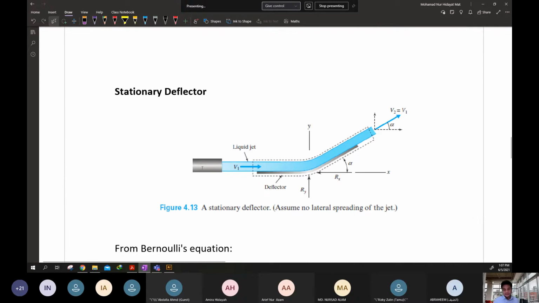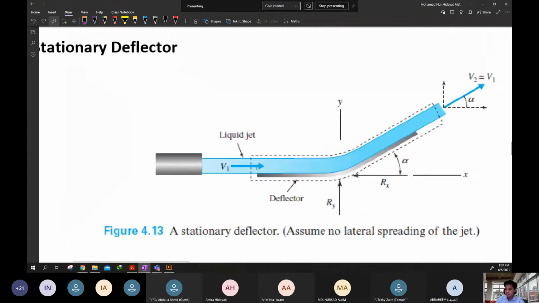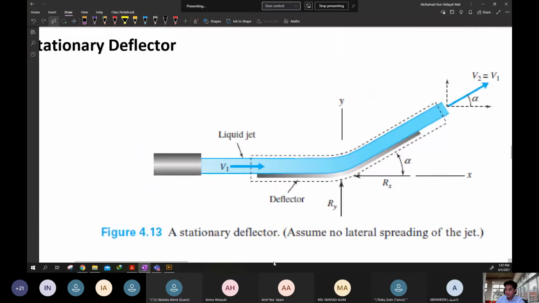So as you can see, this is the conceptual view of a stationary deflector. All right, so what can you deduce from this picture? Okay, this is the nozzle. This is the water inlet from this position until point number 2.